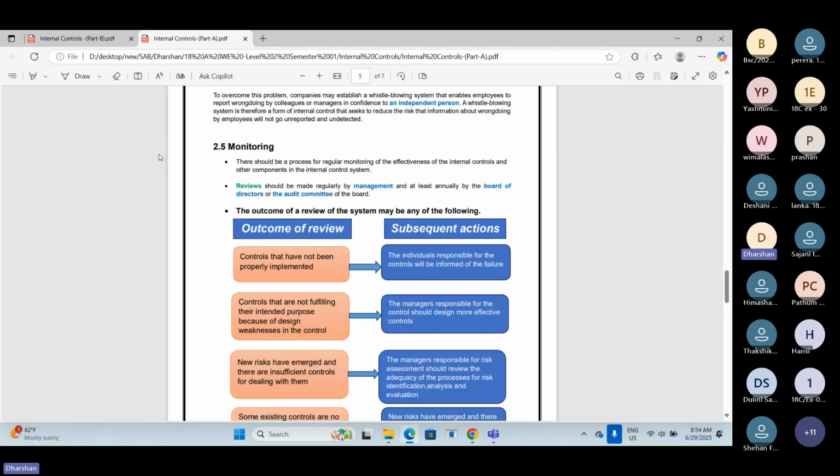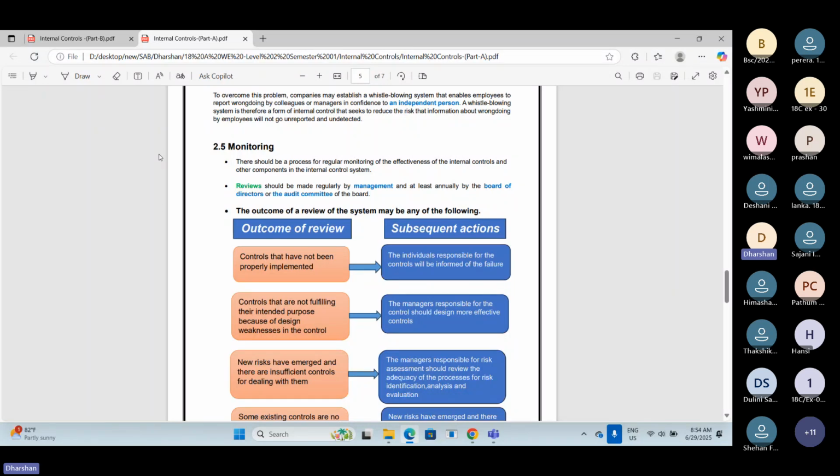Likewise, the ultimate responsibility for internal controls is also with the board of directors, but the board will delegate the work to management. That's why reviews will be done by management. Management can also delegate the work to the internal auditor.